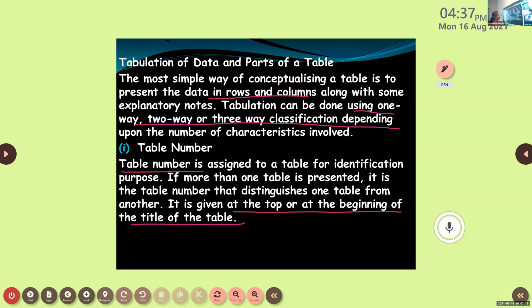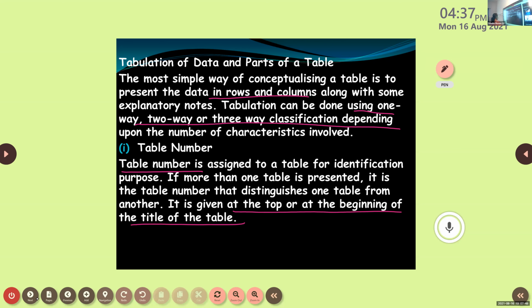Because when we have more than one table to present, a particular table should be distinguished from other tables. So for that purpose, a number should be given. Where are we giving this? Anish, can you say? Where are we giving this table number? At the top, or at the beginning of the title of the table. Okay.